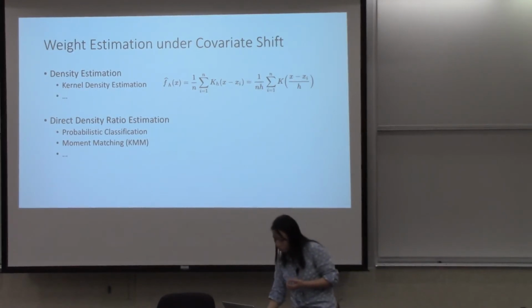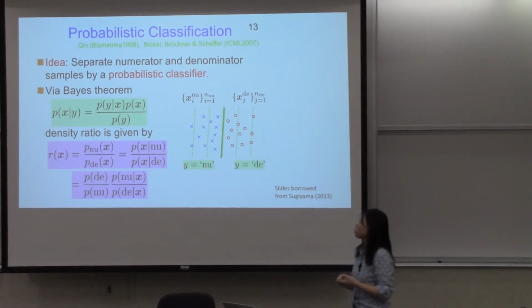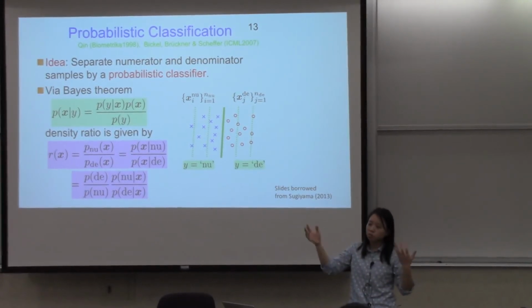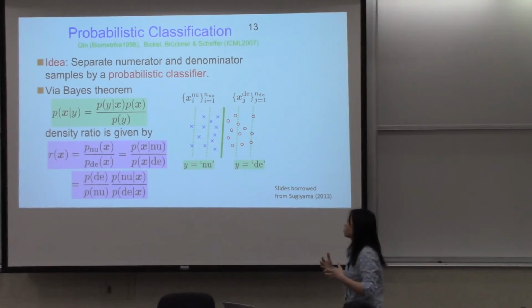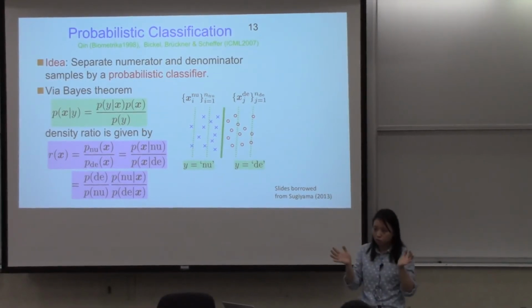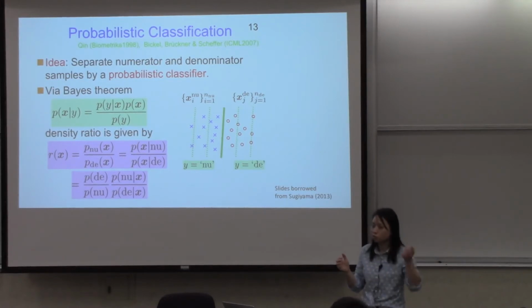Probabilistic classification is actually a very simple idea. You have data from the source, and you have some samples from the target. Then you can use a classifier to classify these two, to figure out how likely some data is from training or from testing, from source or target.